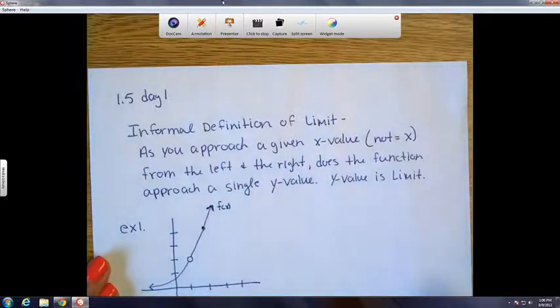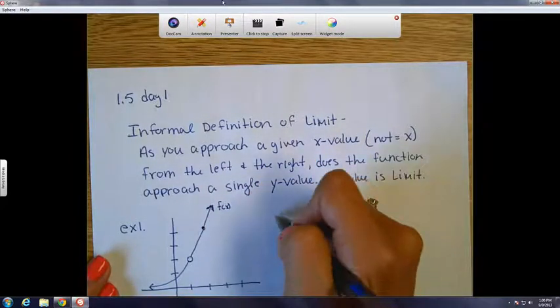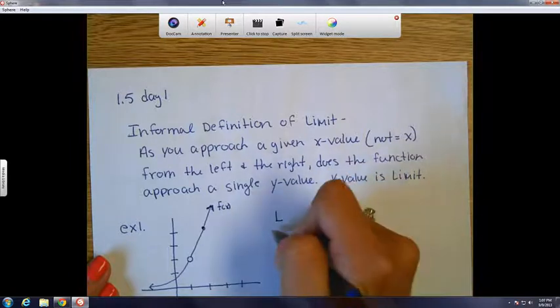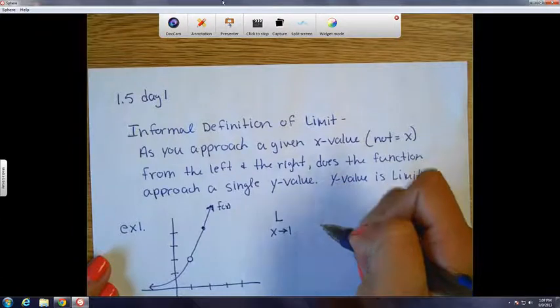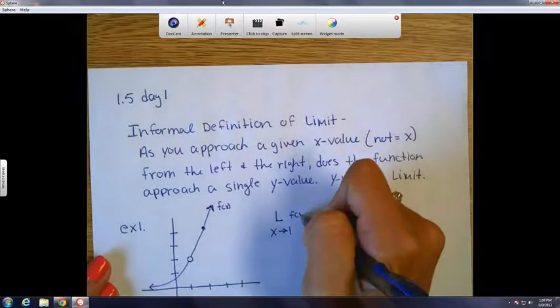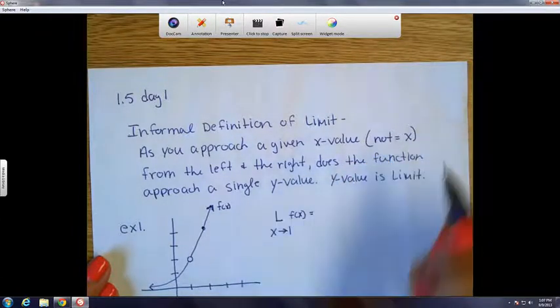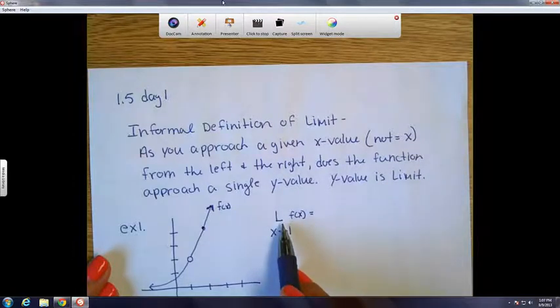And the first question I'm going to ask is, does this have a limit as x approaches 1 of function f of x? So that's saying, what's the limit, if it exists, as x approaches 1 of function f of x?